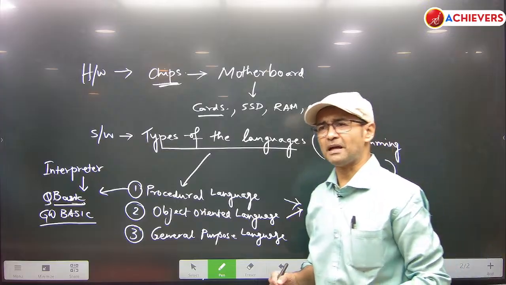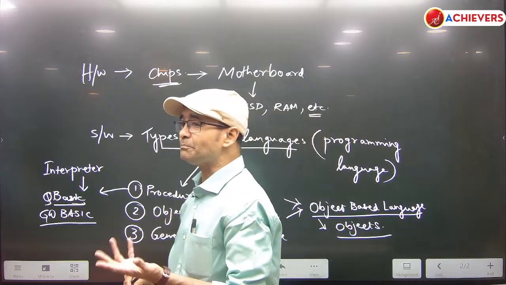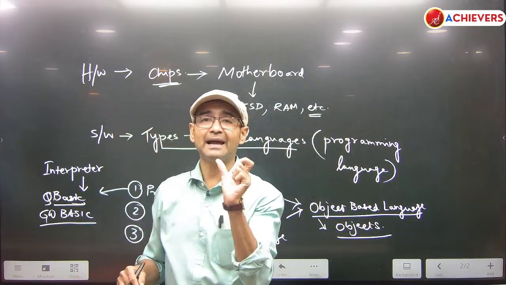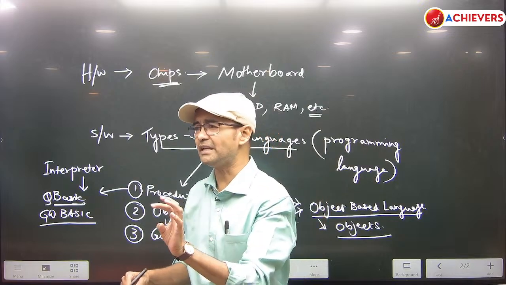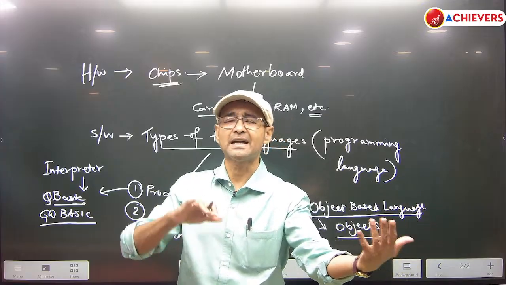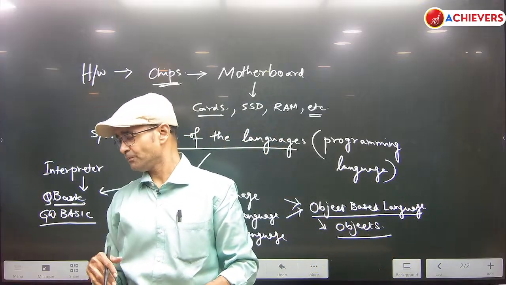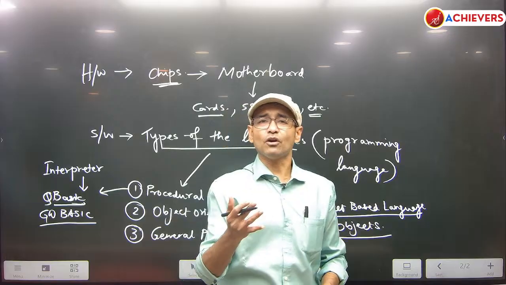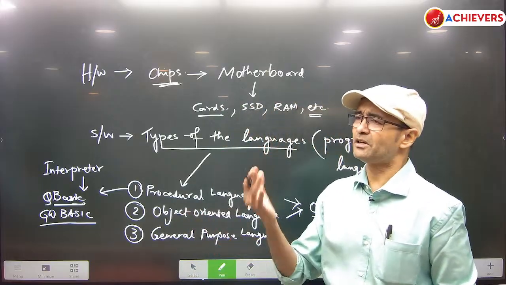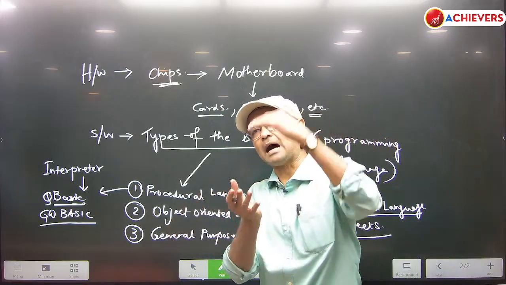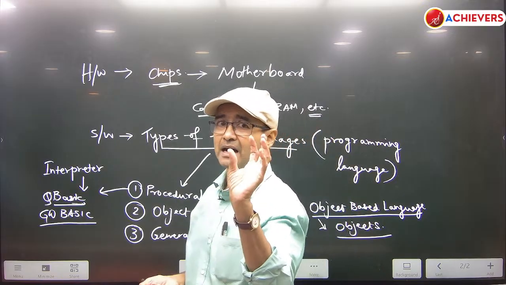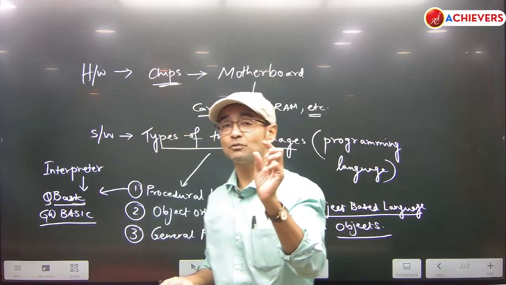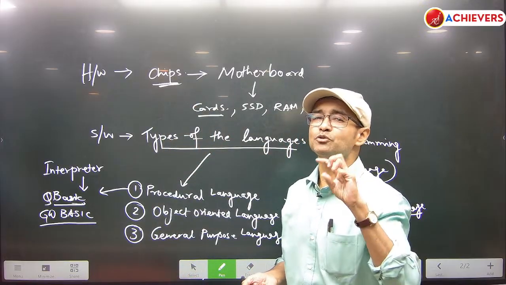So C++ can often be defined as a hybrid language, HYBRID, which is a combination of procedural language and object oriented language. Now C++ is not a fully object oriented language because the main function resides outside the class. That means it does not follow one property of object orientedness. Which property? Encapsulation.